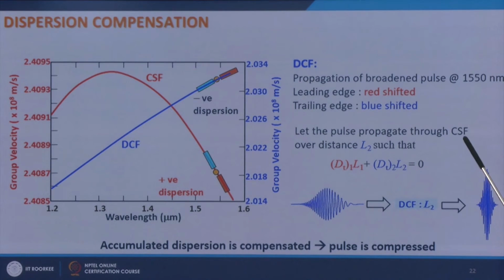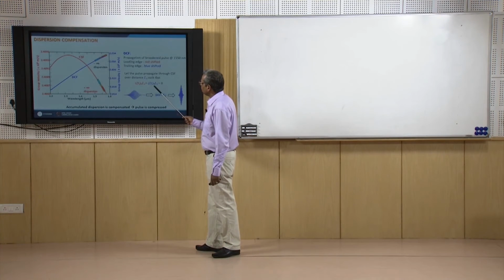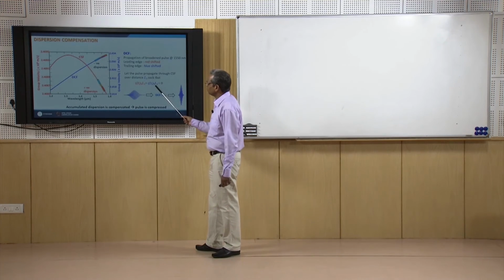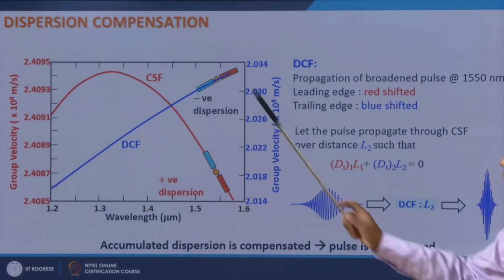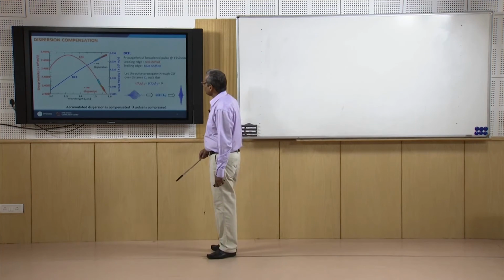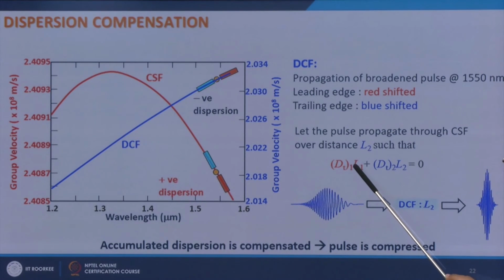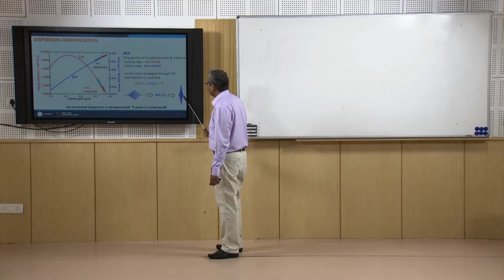If I let the pulse propagate through DSF, I am sorry, this has to be corrected, through DCF, dispersion compensating fiber, over distance L2 such that dt1 L1 plus dt2 L2 is equal to 0, where dt2 is the dispersion coefficient of this DCF, then this broadened pulse in the conventional single mode fiber will get compressed, and you will get back the original pulse.